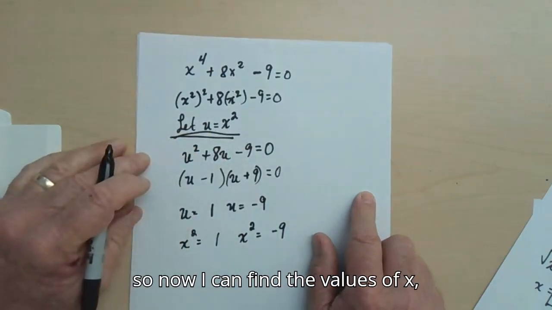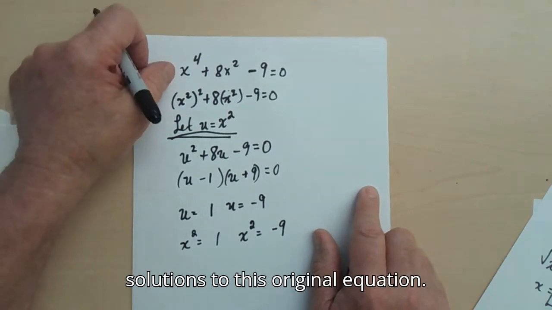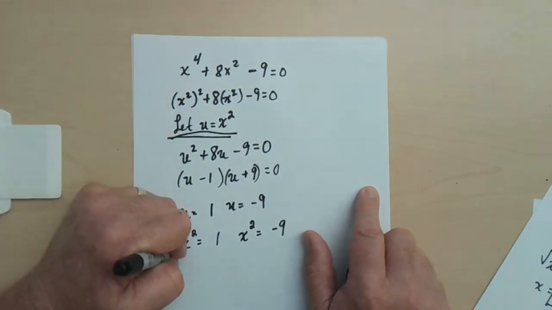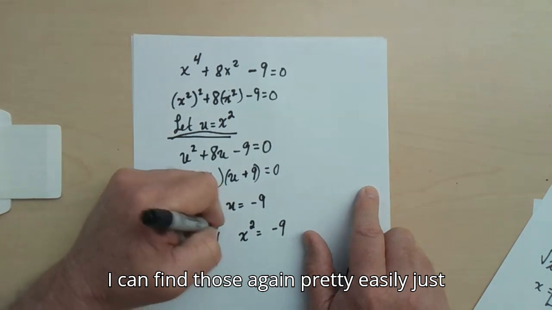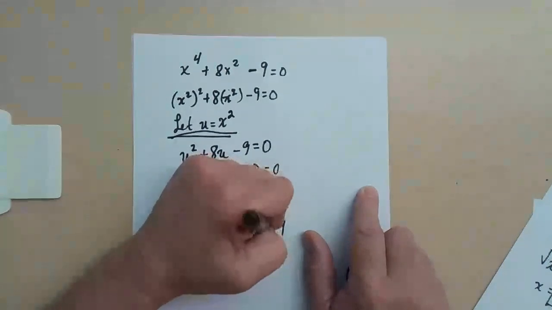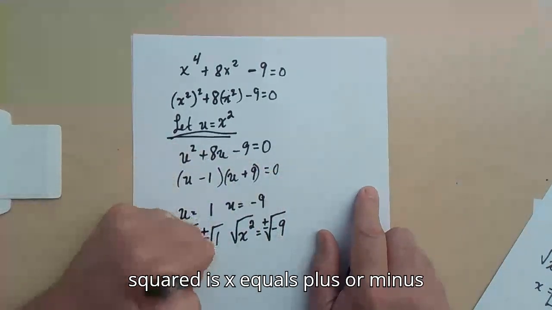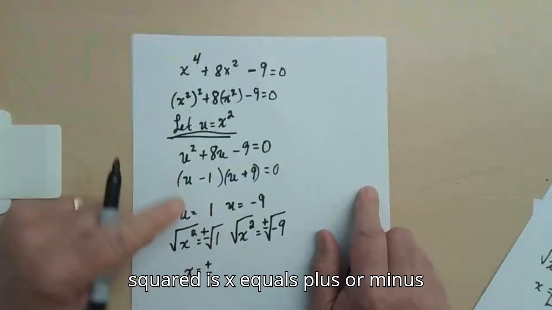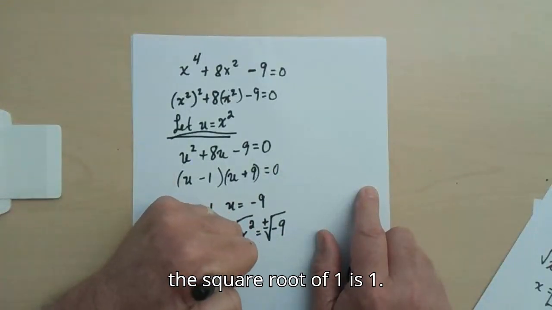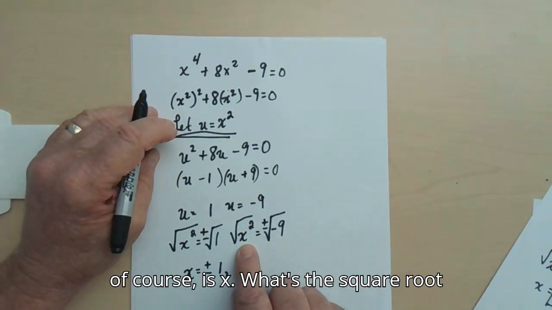Now I can find the values of x, which are the solutions to this original equation, pretty easily just by taking the square roots of both sides. So x equals plus or minus the square root of 1, which is 1.